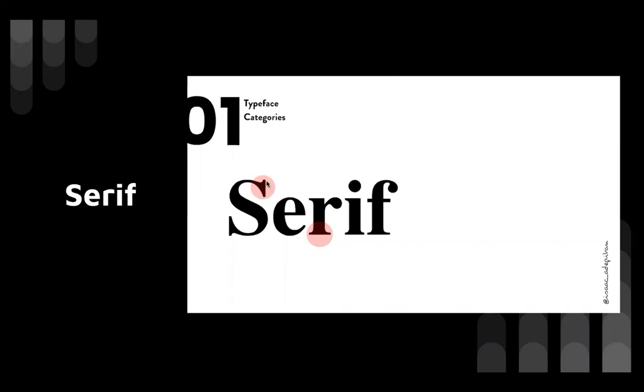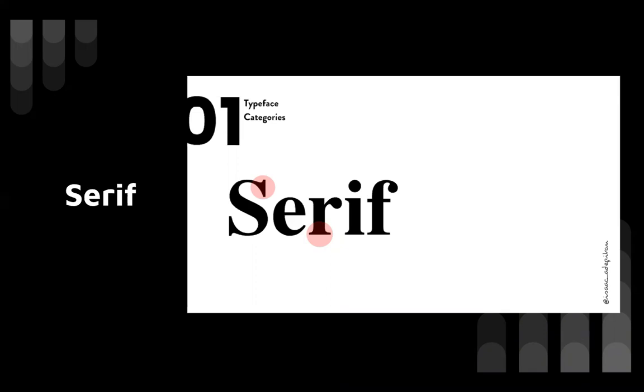Things that have stems or things that protrude from their edges are referred to as serifs. I would say they have this kind of attention-grabbing feature. So serifs are good when you want to grab attention and do some nice expressions with your typeface.